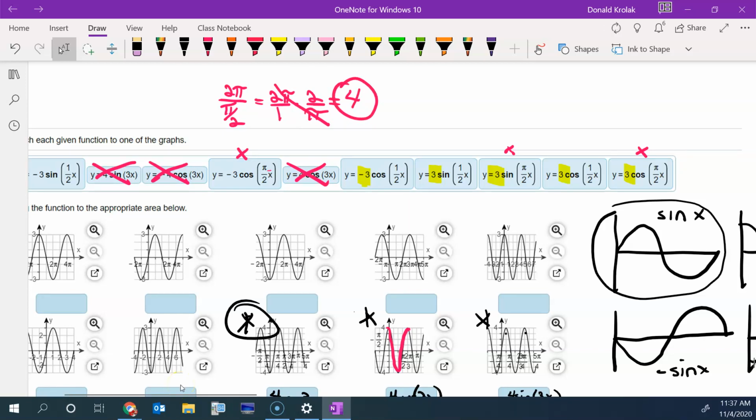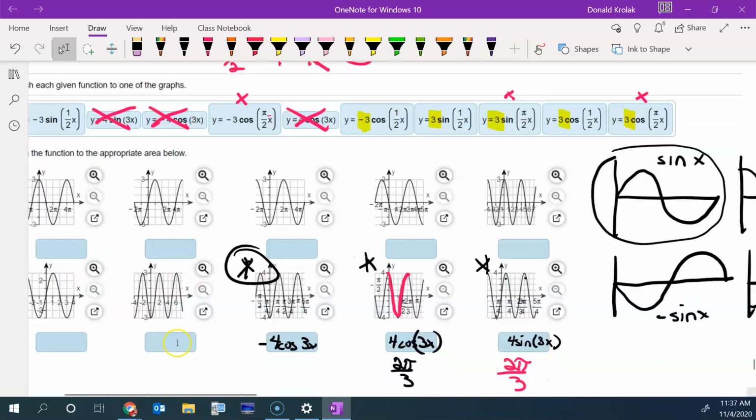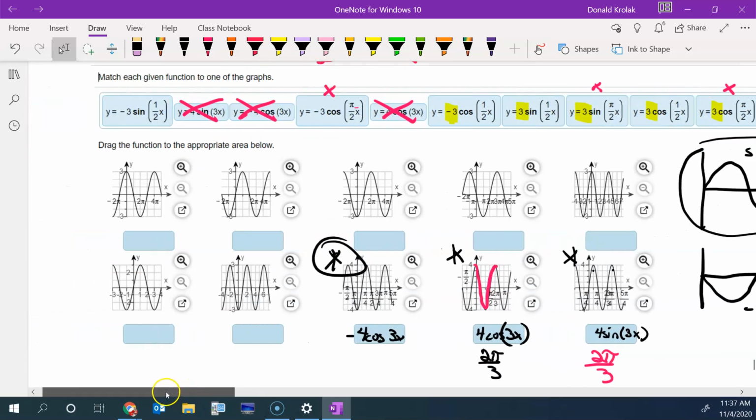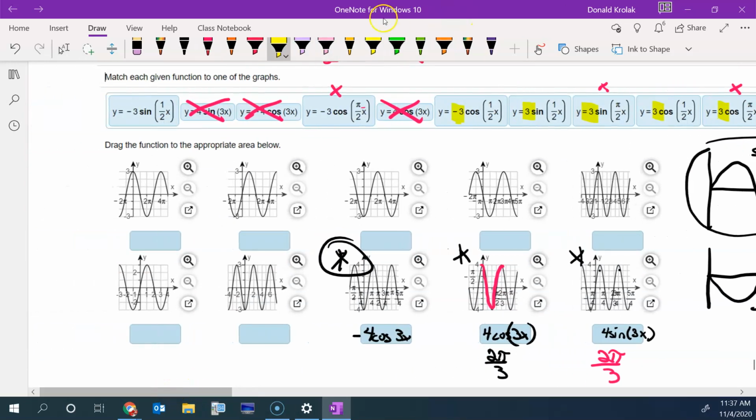So I'm looking for an upside down cosine that has a period of just plain 4. So here's how you know on here. This x-axis doesn't have any pi's on it. This x-axis doesn't have any pi's. And there should be one more. This one right here.